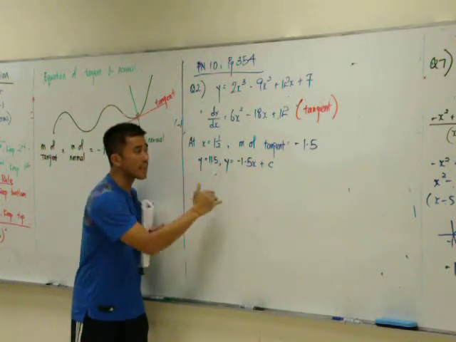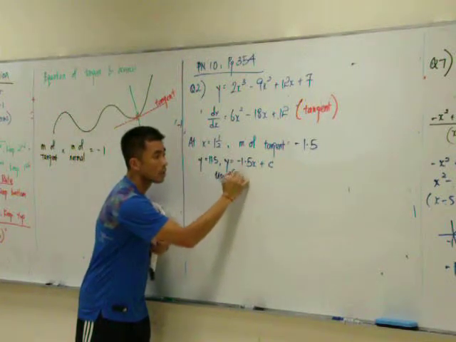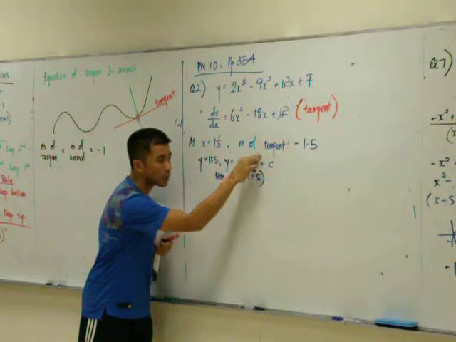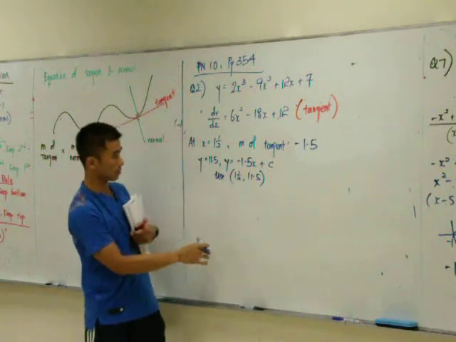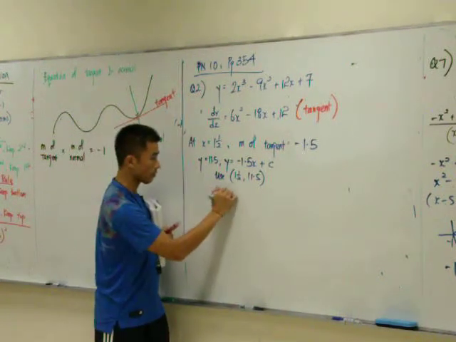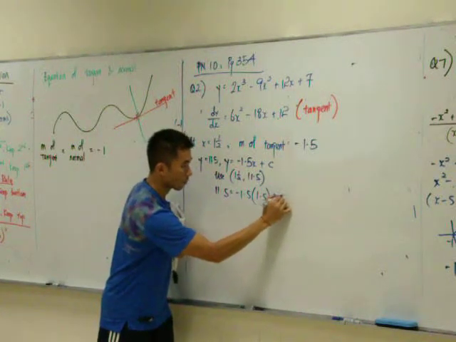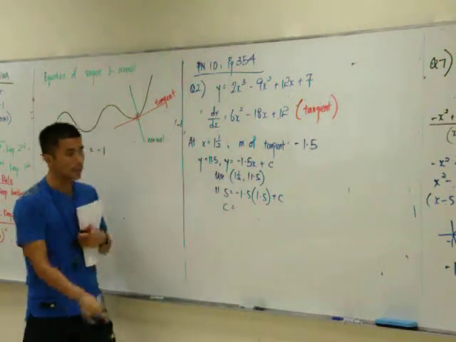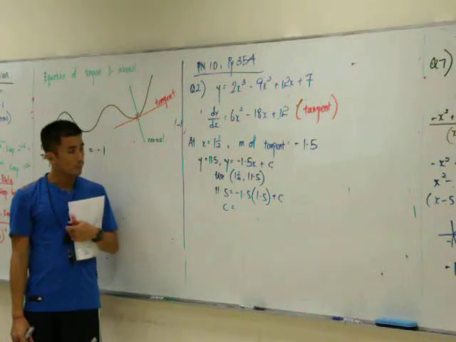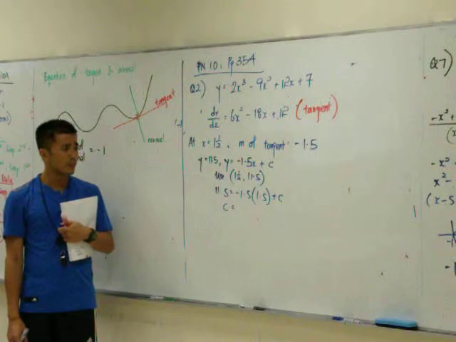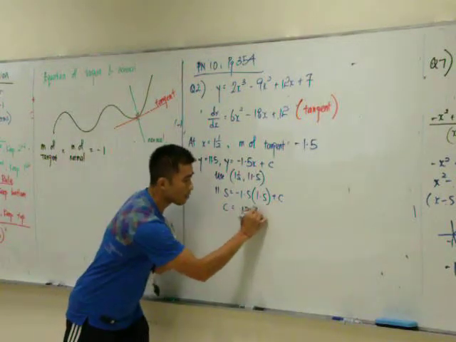So I'm going to use this answer. Use the x coordinate, the y coordinate, substitute inside here. What's the final answer here? 1.5, 1.5, 2.25, 13.75.